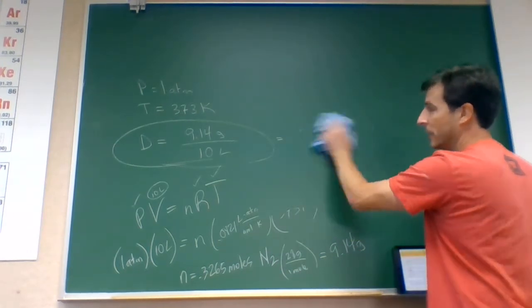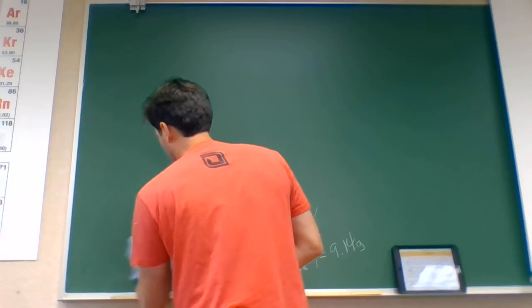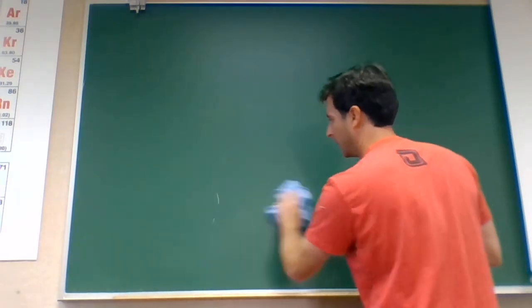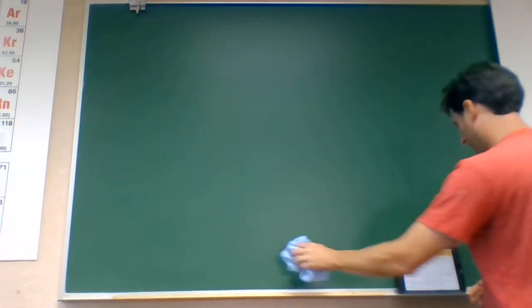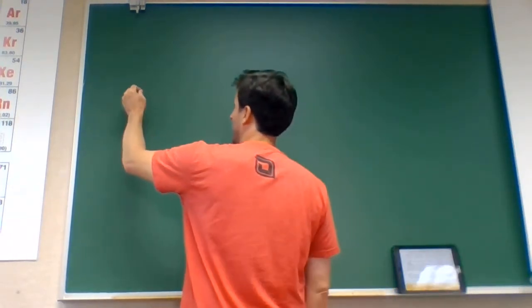So we'll do one more of these. I think we have time for a quick one. So the last one on the slide, this is one that's an actual reaction. Water decomposing to H2 and O2.